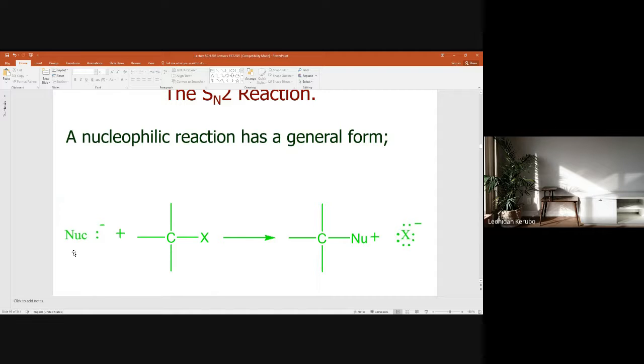Then we have neutral molecules, so long as the molecule has an atom with a lone pair of electrons, like water, for example. Alcohols, for example: oxygen has a lone pair of electrons in alcohols. You have also ammonia, for example. The nitrogen in ammonia has one lone pair of electrons. So those are all nucleophiles, but they are weaker nucleophiles than the negatively charged nucleophiles.